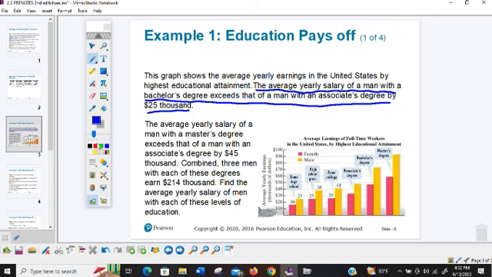Let's read the next sentence. The average yearly salary of a man with a master's degree exceeds that of a man with an associate's degree by $45,000. Okay, sorry, I wrote through my 45 there. Let me fix that so you can see the problem.